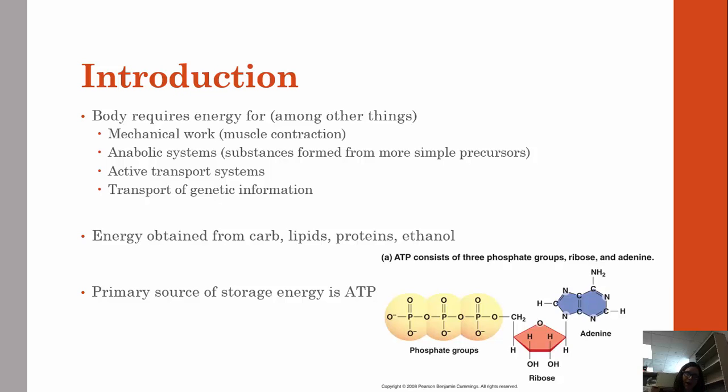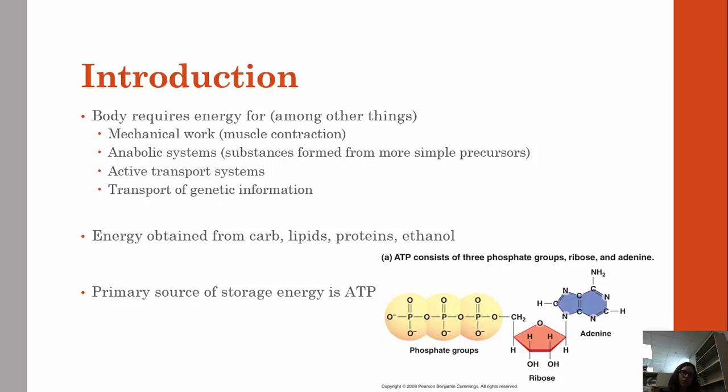So we talked about that in the last lecture, where some energy is needed in order for some molecules to be transferred from one side of a membrane to another, and also for transport of genetic information. And these are just some examples. We need energy to do basically everything in our bodies. And this energy is obtained from carbohydrates, lipids, proteins, and ethanol.